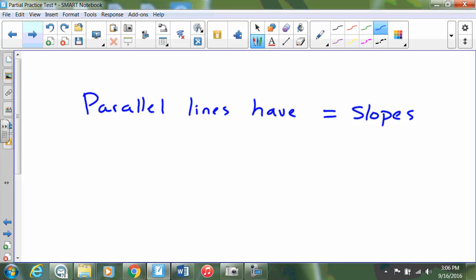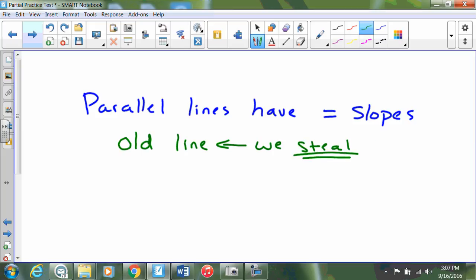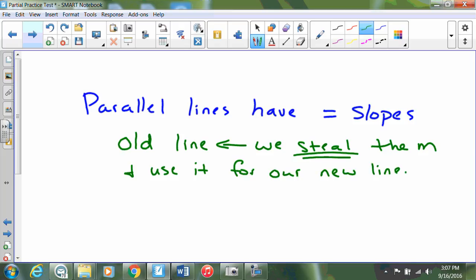And so when they give us, let's say for the parallel lines, they give us an old line, we steal the slope and use it for our new line. And then, let's see, different color.